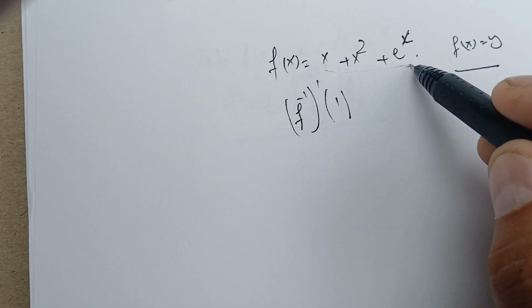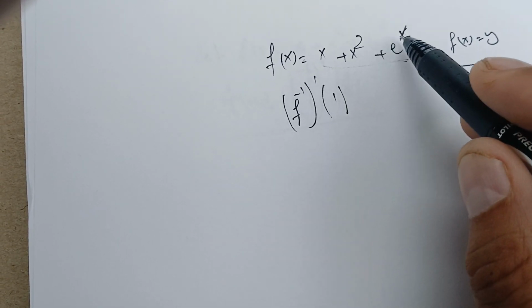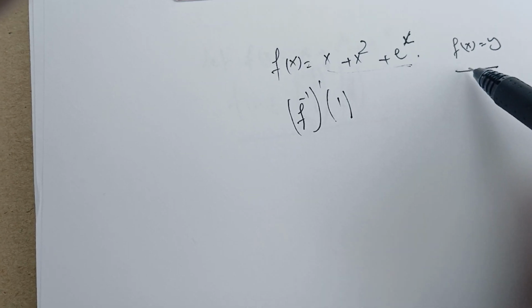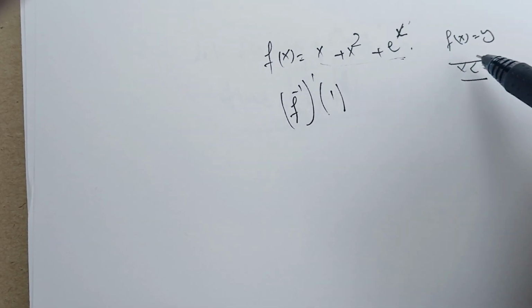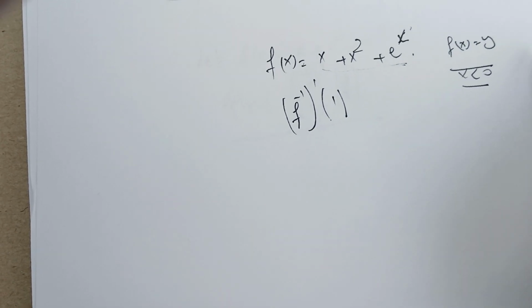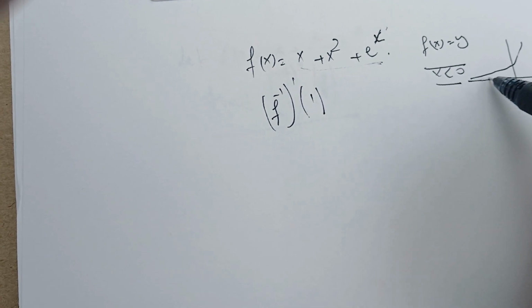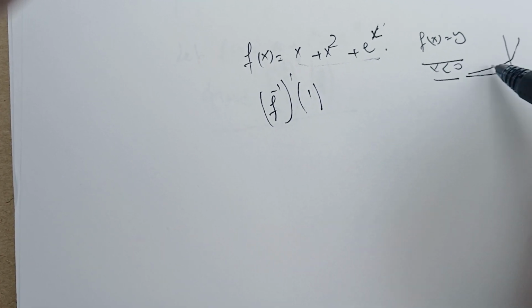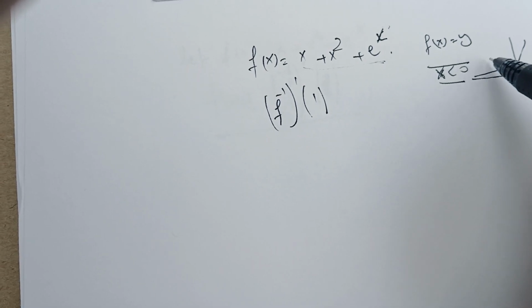But also we want to see where this function is increasing. So we note that if x is less than 0, e to the x behaves like 0. Remember, when x is negative, e to the x is like 0.